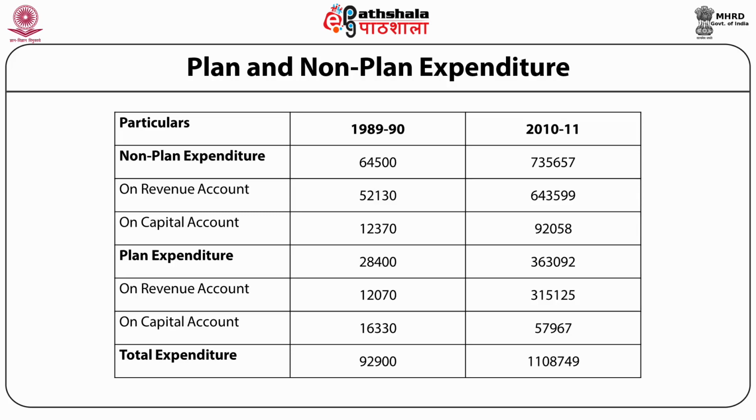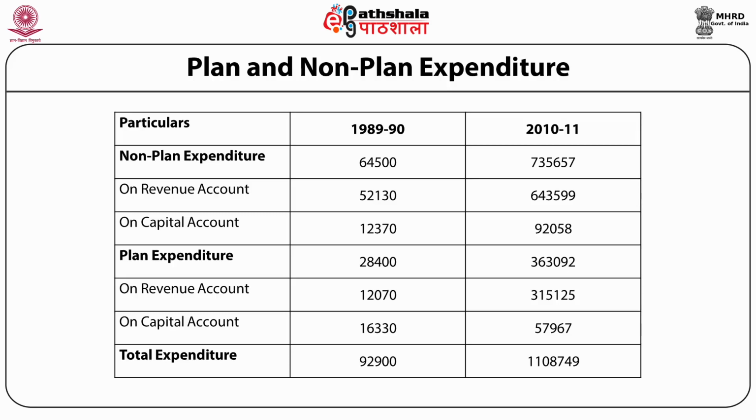On the revenue, total plan expenditure, which was 28,400 crores, increased to 3,63,090 crores in 2010-2011. On revenue account, this was just 12,070 crores and it increased to 3,15,125 crores.